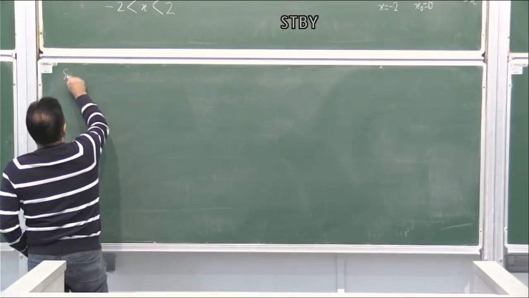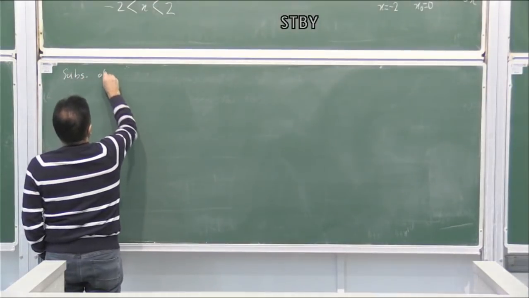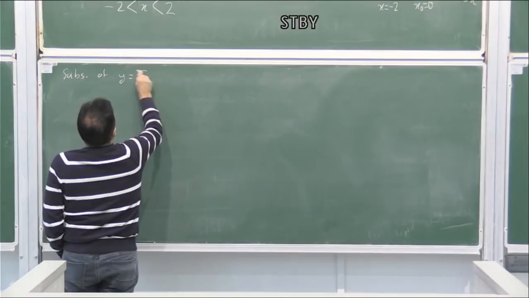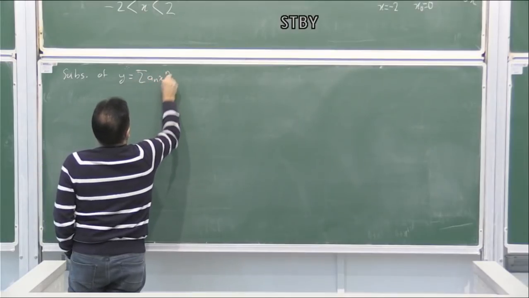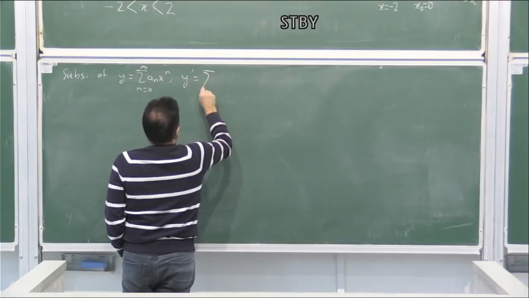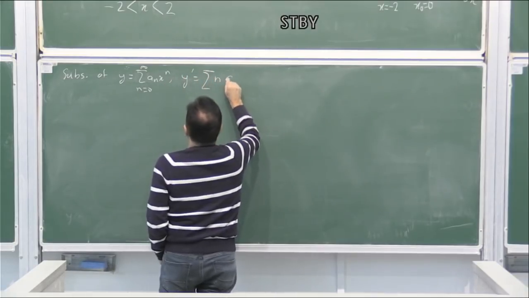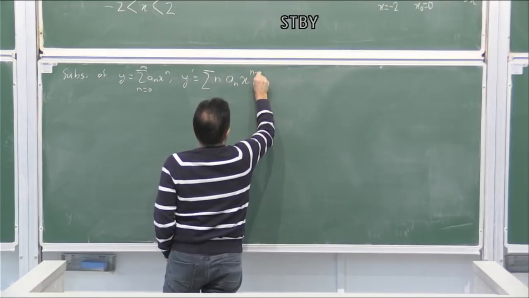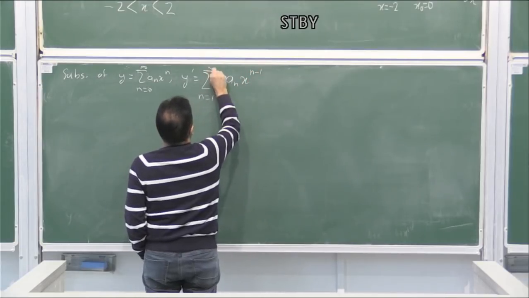Okay, so similarly, substitution of y equal to sum of a_n x to the power n. Its derivative, which is n a_n x to the power n minus 1 from 1 up to infinity.